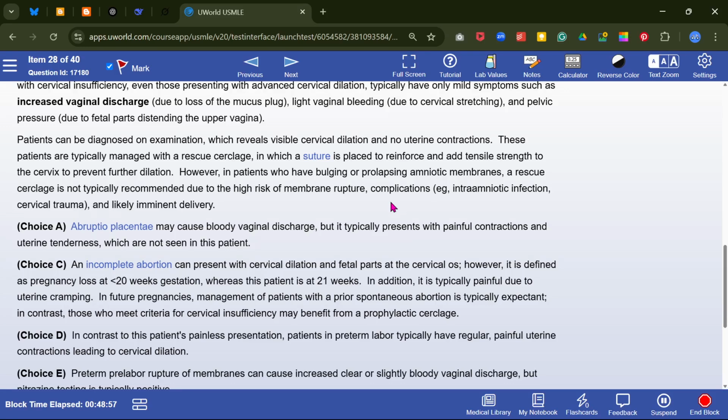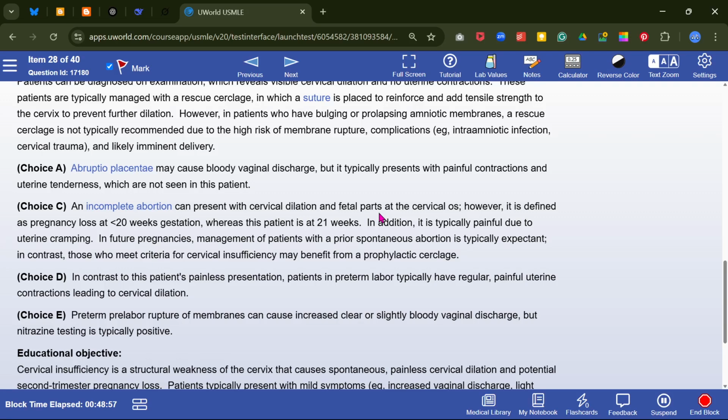However, it is defined as pregnancy loss at less than 20 weeks of gestation, whereas this patient is at 21 weeks. In addition, it is typically painful due to uterine cramping. In further pregnancies, management of patients with prior spontaneous abortion is typically expectant. In contrast, those who meet the criteria for cervical insufficiency may benefit from a prophylactic cerclage.